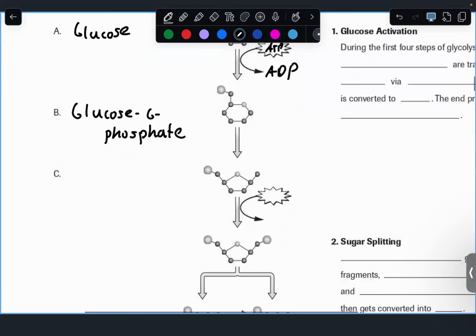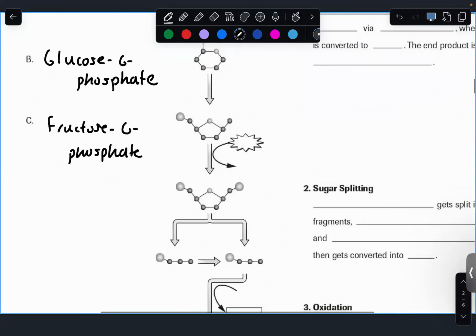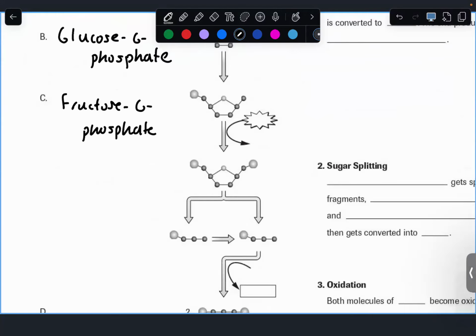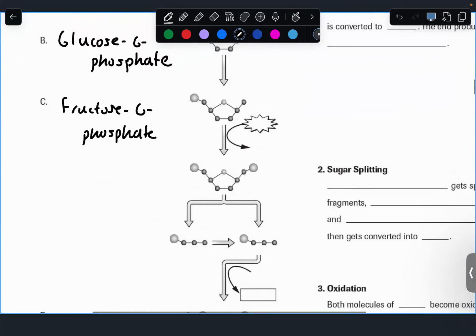And then it does an isomerization to make what? And then that gets split into two molecules, which are glyceraldehyde 3-phosphate and dihydroxyacetone phosphate.